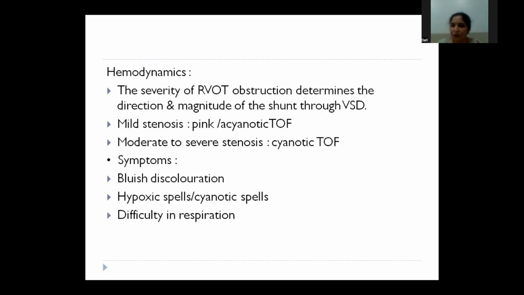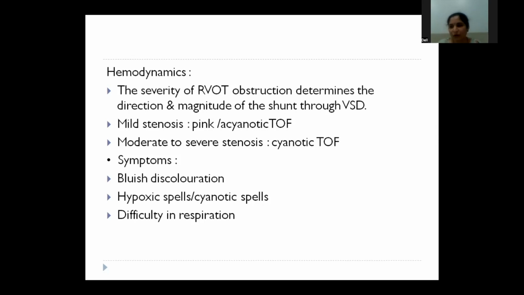The severity of this obstruction determines the direction and magnitude of the shunt through the malaligned VSD. This condition is a right to left shunt. So the blood from the right ventricle directly mixes into the left ventricle rather than going to the pulmonary circulation and getting oxygenated.